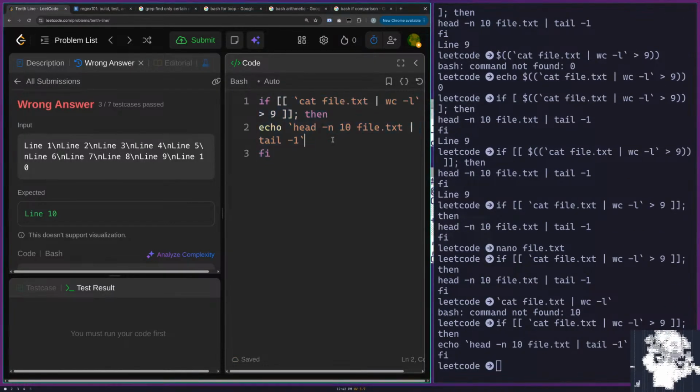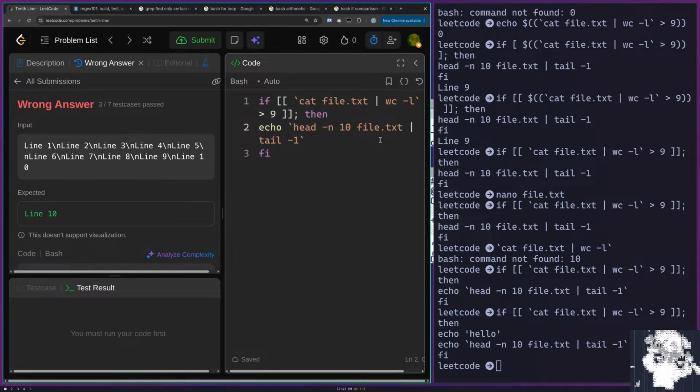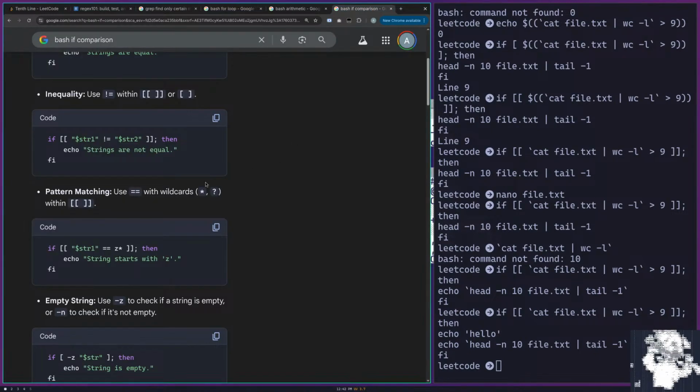No? I mean, is it even doing anything? Echo hello. No. So it doesn't think it's greater than 9. I'm not understanding something about how to do comparison in Bash.